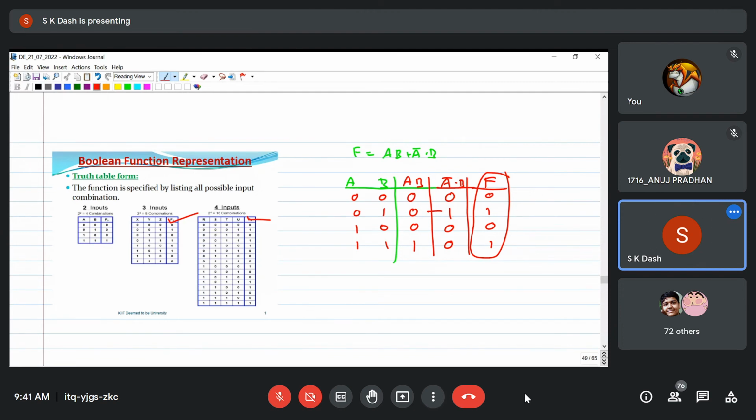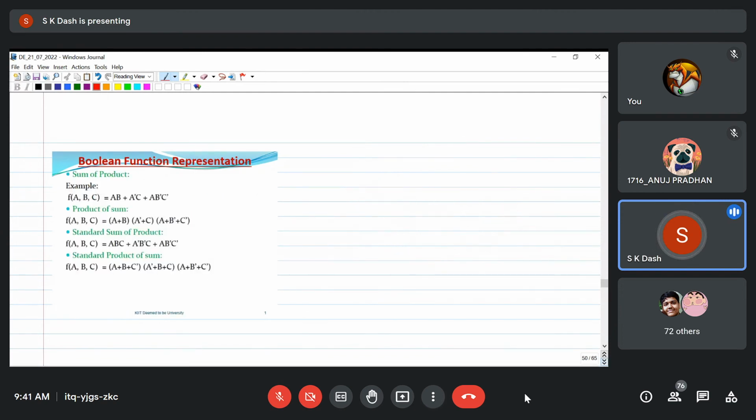Next one, an important one, is the sum of product. As the name suggests, it is a sum of product terms. Product terms will be added together.